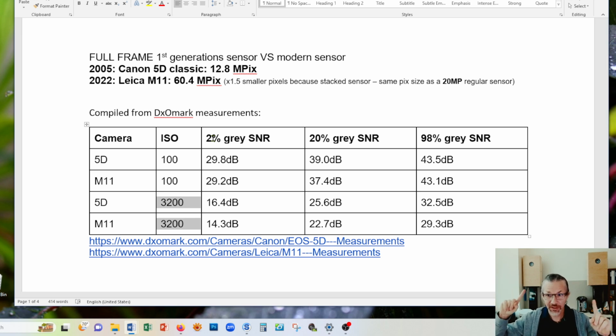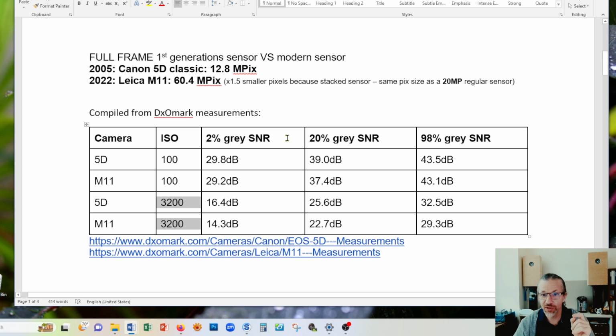But even within that range, between 2 and 98%, the 5D Classic has better information in it. So if you don't want to crush and do gymnastics on it, then you would still do better with the 5D, provided that you can capture all that you can.